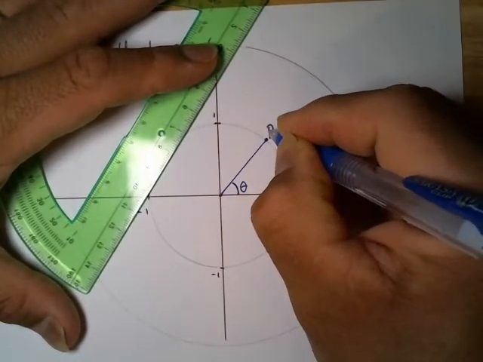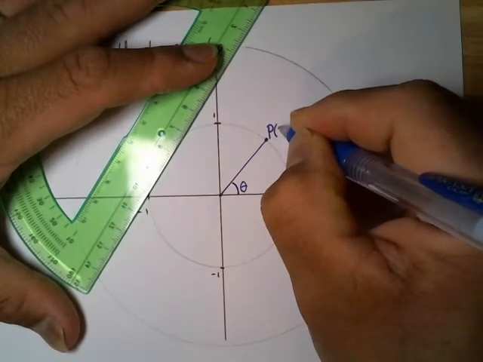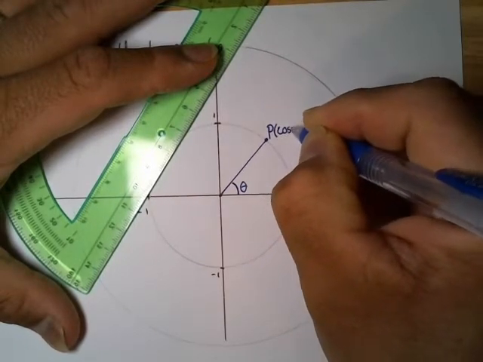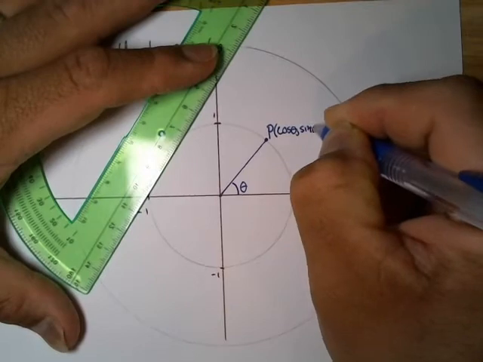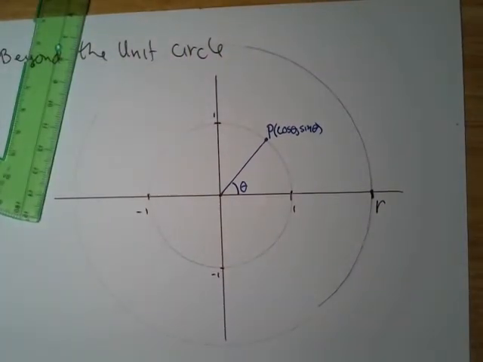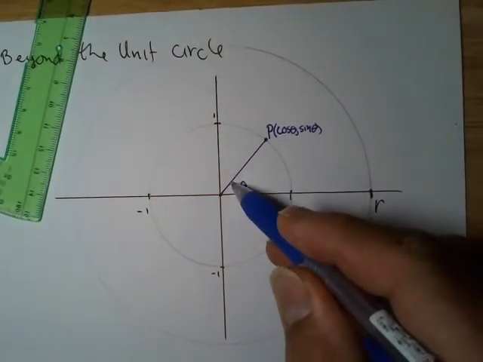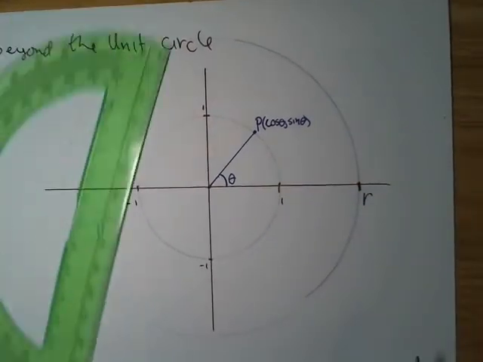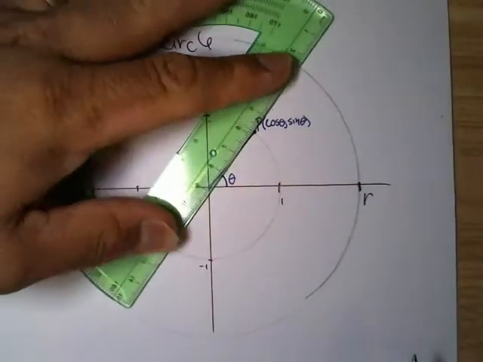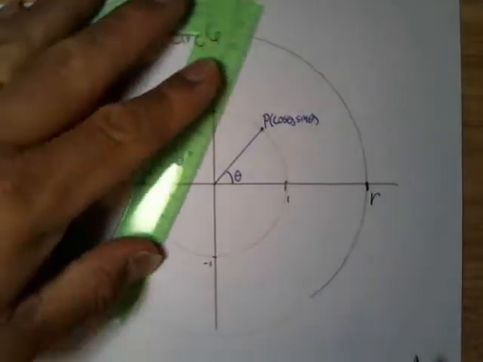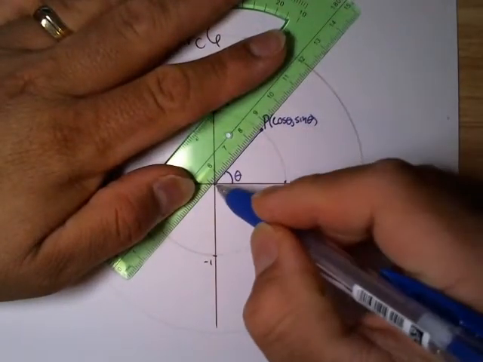So the point P, right? We defined it as cosine theta, sine theta. And it was just a way to relate the point on the unit circle to the angle in standard position extended from the terminal, the standard position side.